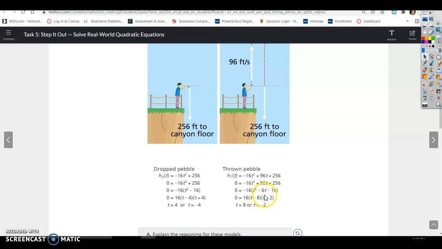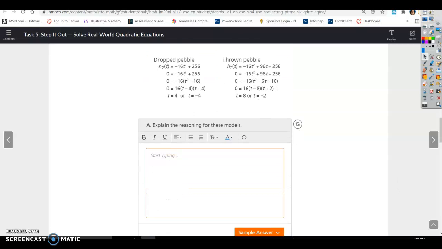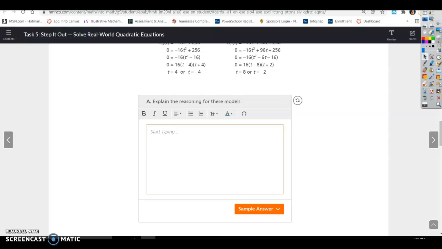This does not fit into a special factoring, so you're going to have to find what multiplies to give you negative 16 and adds to give you negative 6. So we've been working on this for a few days now, so hopefully you know that this is just the factored form of this expression here. All right, so if you use the zero product property, t equals 8 or t equals negative 2. Again, negative 2 can't represent time in seconds, so it's going to be t equals 8.